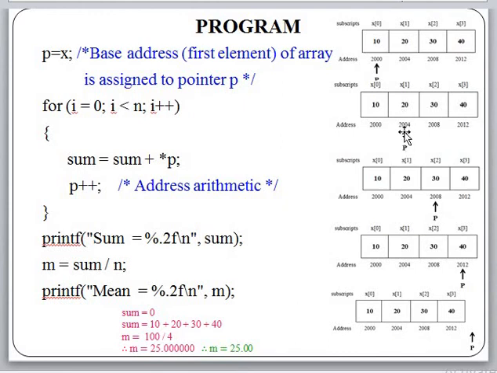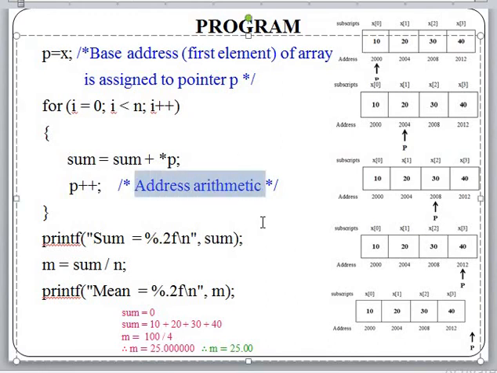The pointer is pointing to the starting address of the next value. That's why we say it is address arithmetic. So now the pointer is pointing to 2004.